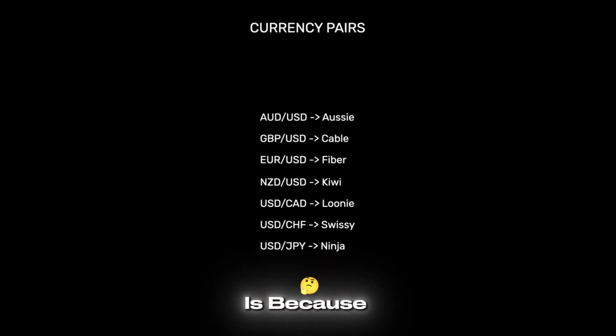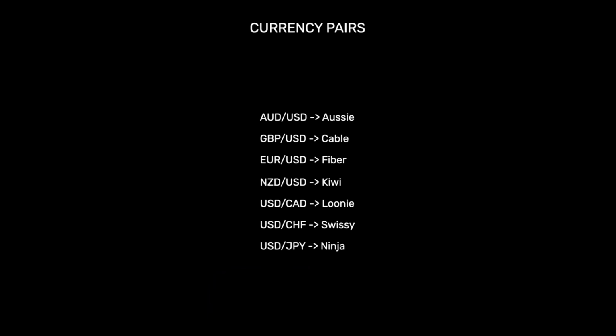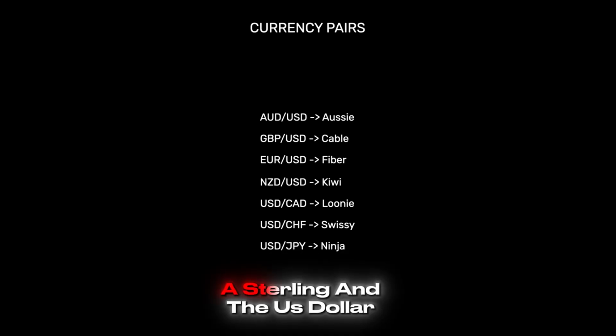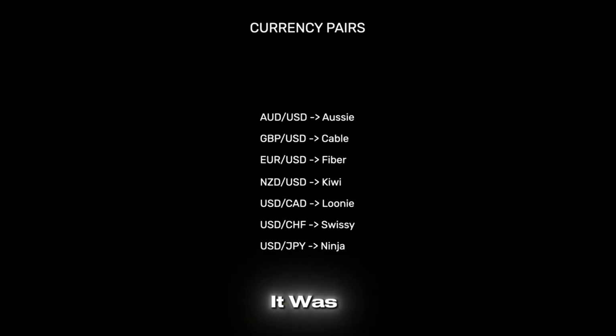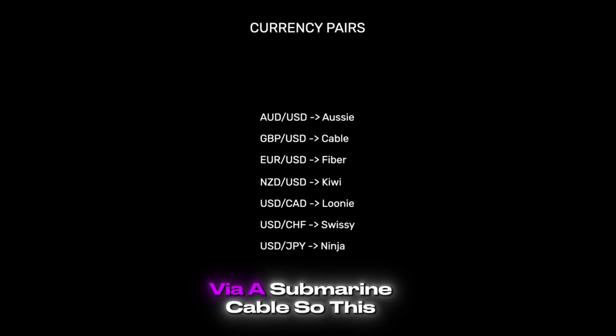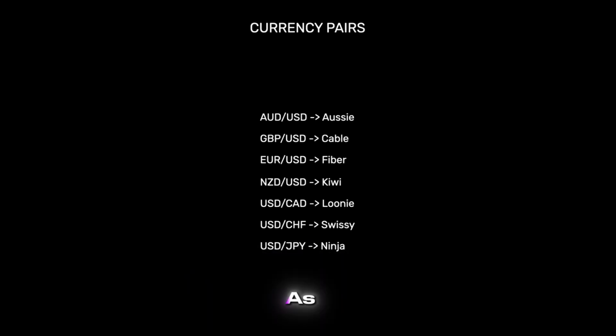And this is because back in the mid-19th century, before the invention of satellites and fiber optics, the exchange rate between the Great British Pound, sterling, and the US dollar was actually transmitted across the Atlantic Ocean via a submarine cable. So this is what traders refer to it as.